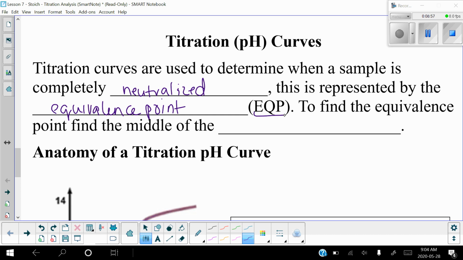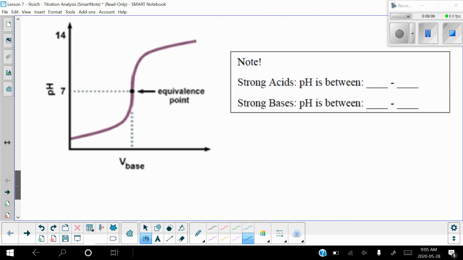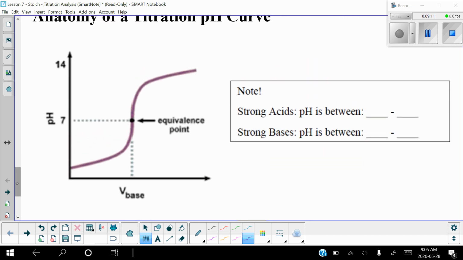To find the equivalence point, find the middle of the inflection point. What is an inflection point? So if we're looking at this diagram here, you'll notice that the inflection point is here when it jumps in pH. You find the middle of that and it'll give you the equivalence point. So the equivalence point for this curve is going to be a pH of 7.